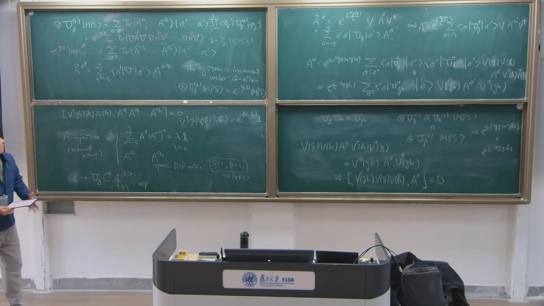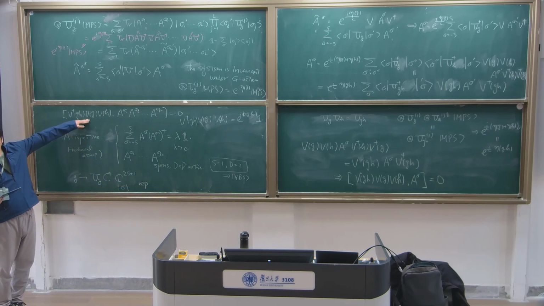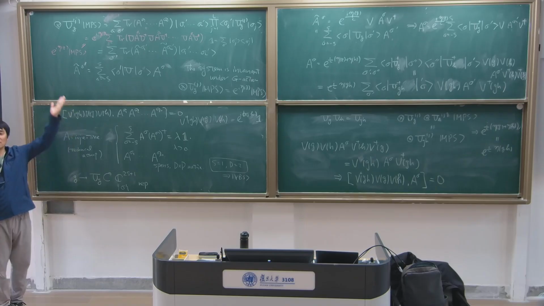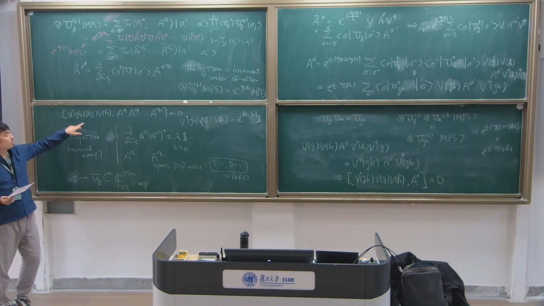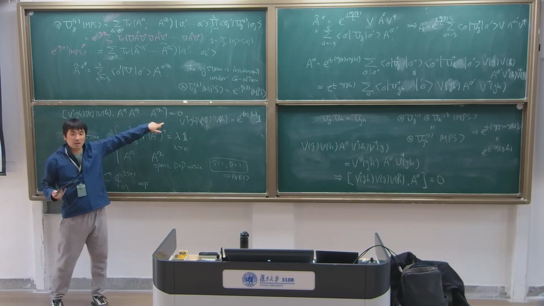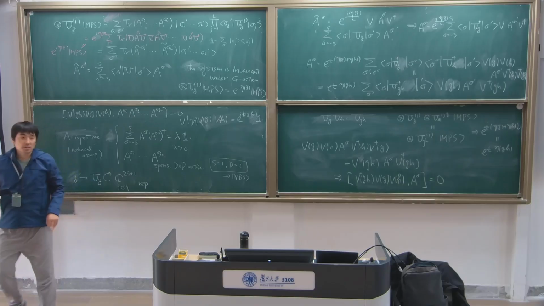So this only happens. This is the diagonal times some constant, because we already have this standard equation.